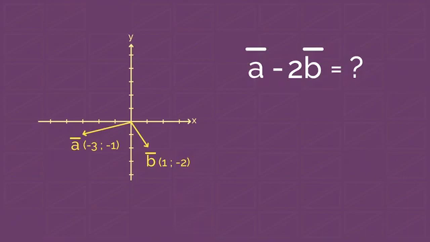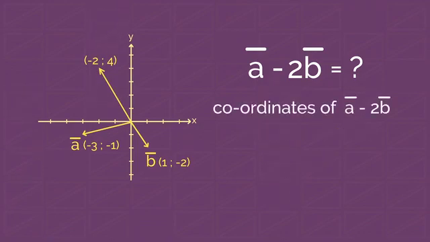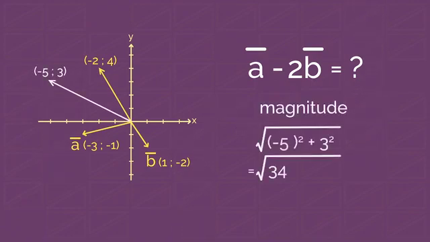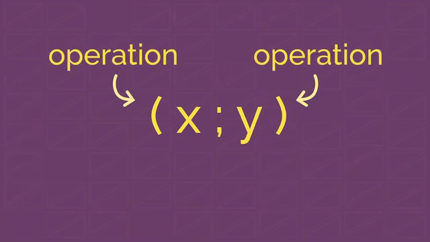First, we find the coordinates of vector -2B. Then the coordinates of vector A minus 2B. And finally, the magnitude of this vector. Pretty easy, isn't it? We simply completed the same operation with each of the coordinates.